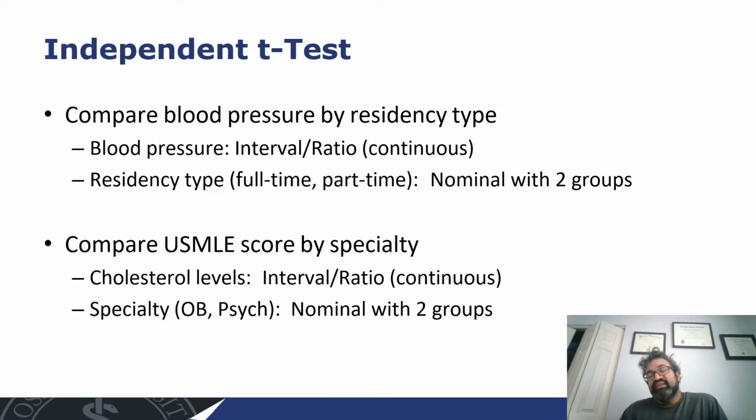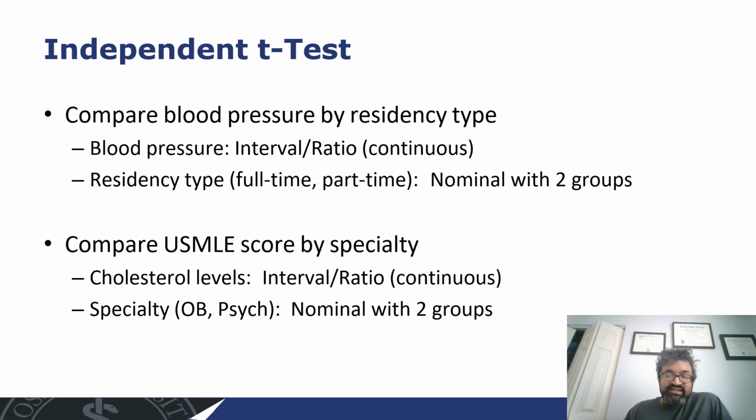Now, when you're thinking about the independent t-test, comparing blood pressure by residency type would be an interesting study. And blood pressure is, in fact, we just do a mental check, not only a quantitative variable, but a continuous variable, and more specifically, interval.